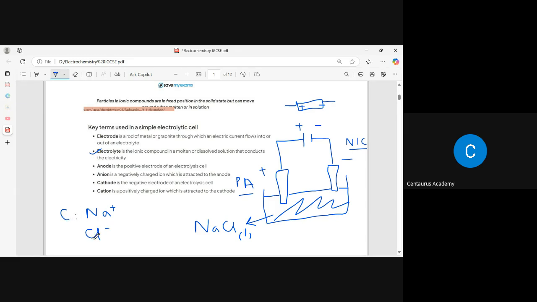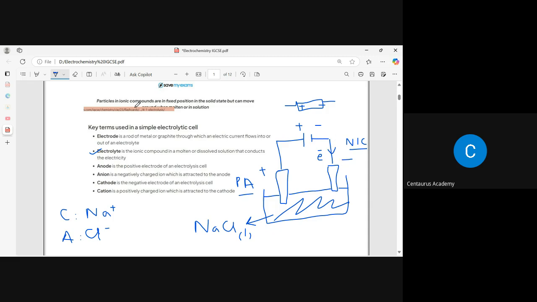And the negative ions, the anions, are attracted towards the anode, since opposite charges attract each other. So when they are attracted towards the cathode and the anode respectively, what is going to happen? Cations are attracted towards the cathode. They are going to accept the electrons coming in from the negative terminal of the battery.